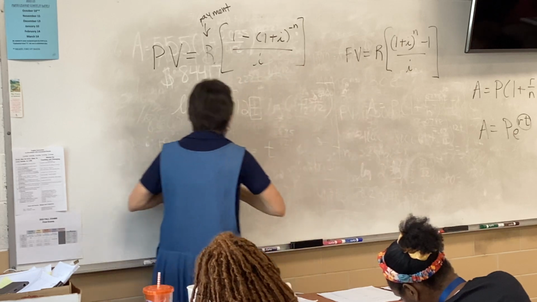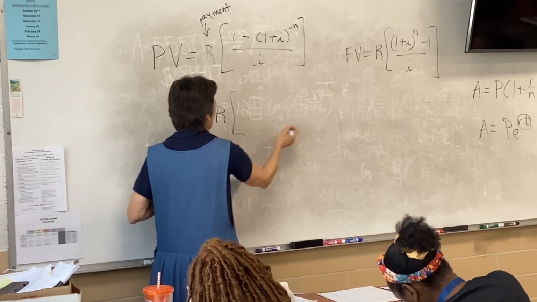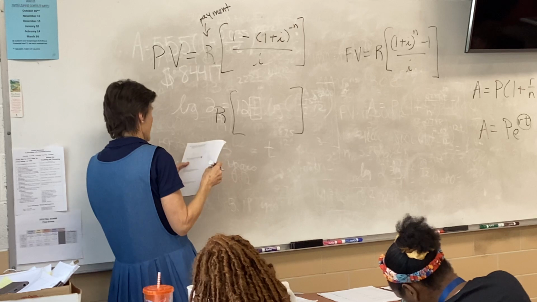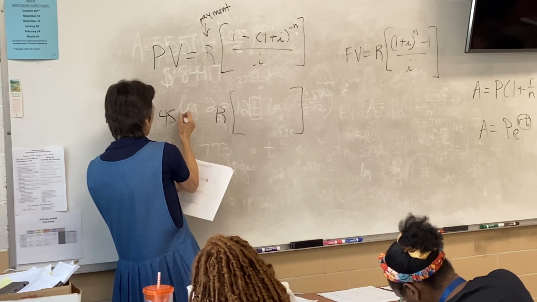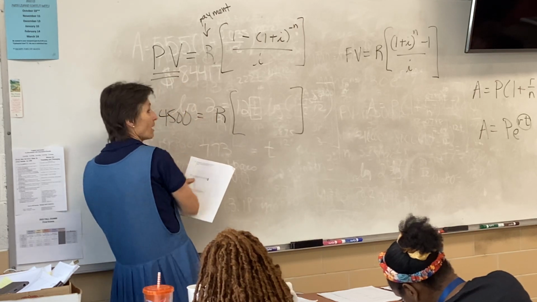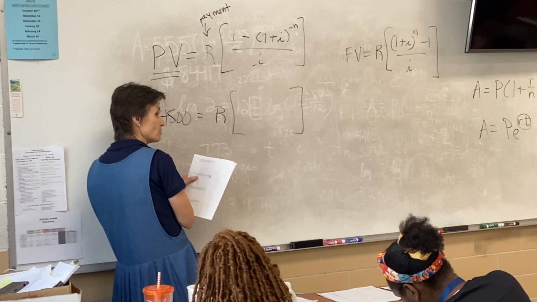We want to know her payment, so we're solving for R again. The loan is $4,500, so this is the present value of the loan. Right now, she owes $4,500.